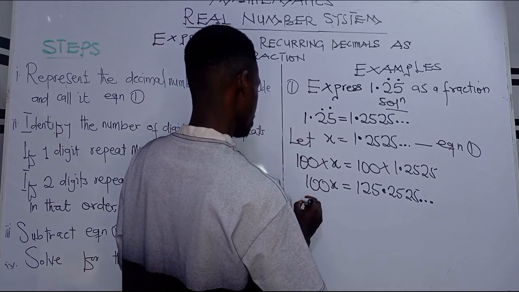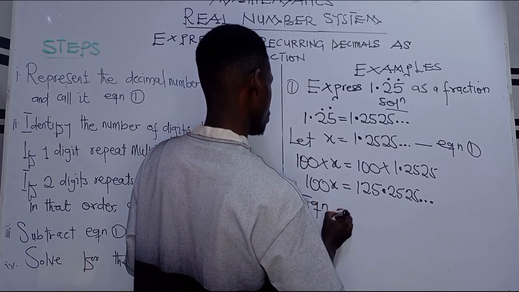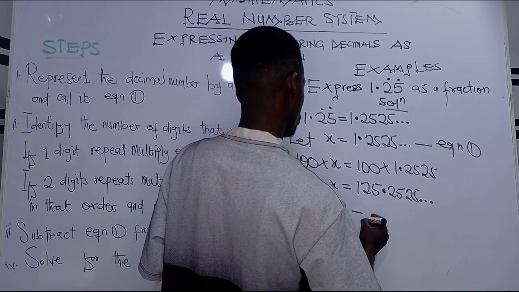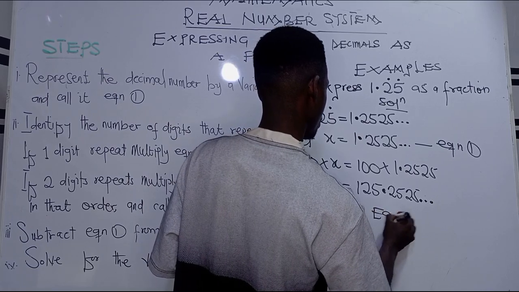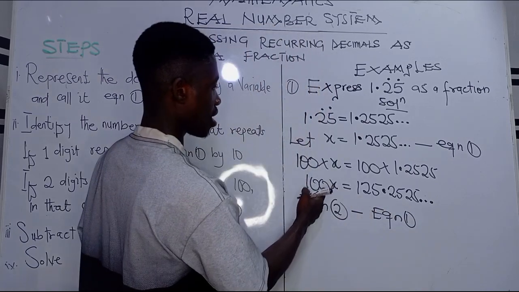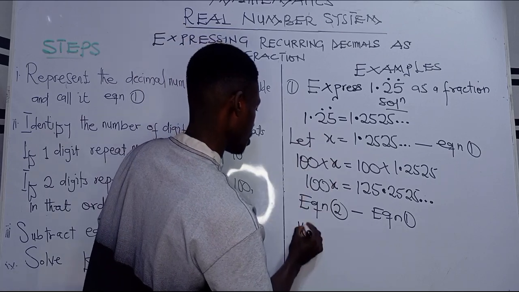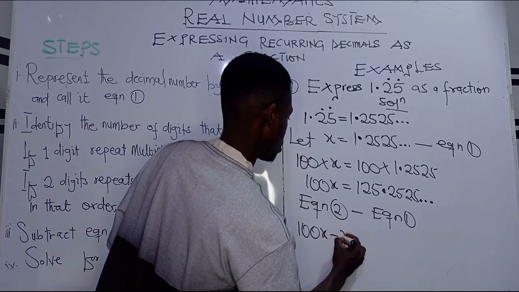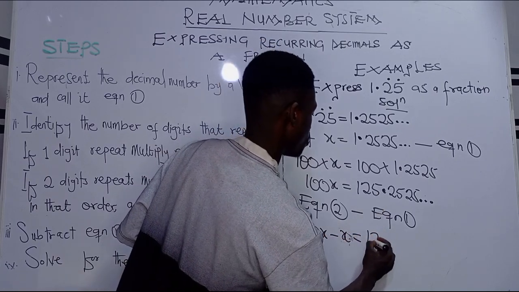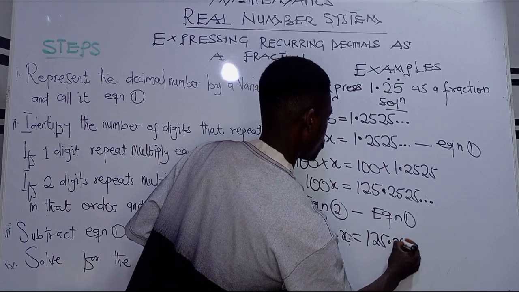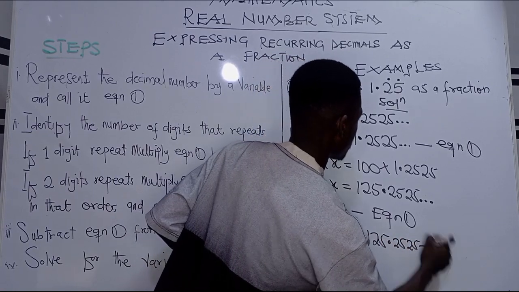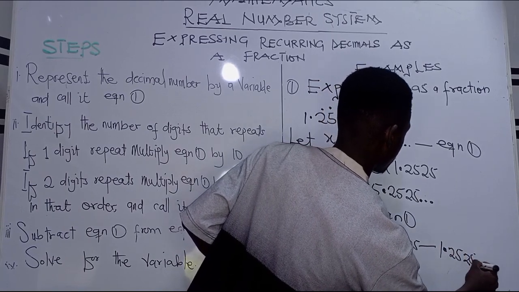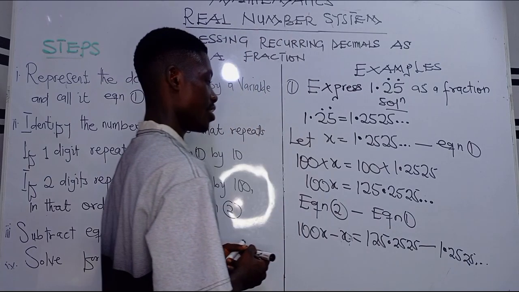Then after that, we subtract equation 1 from equation 2. So we have 100x minus x, then we have 125.2525 minus 1.2525. All of them recur infinitely.